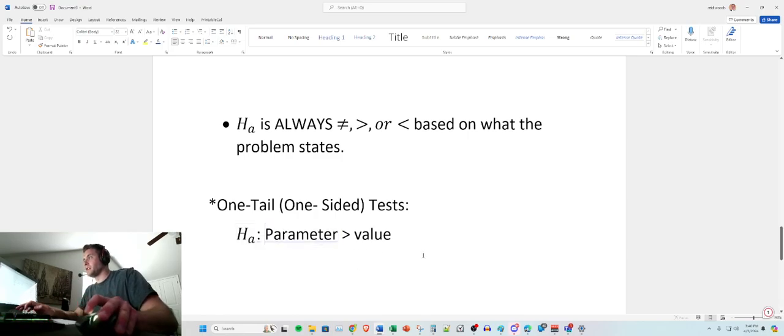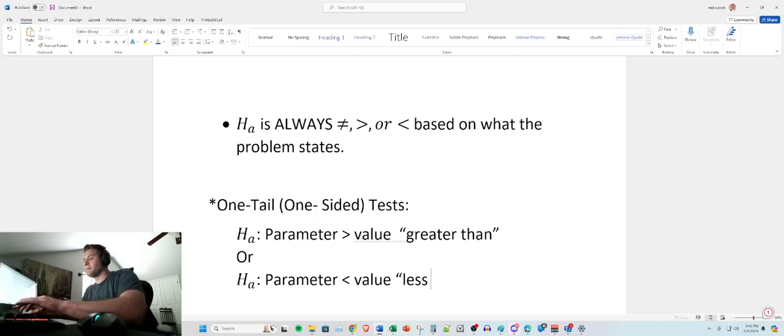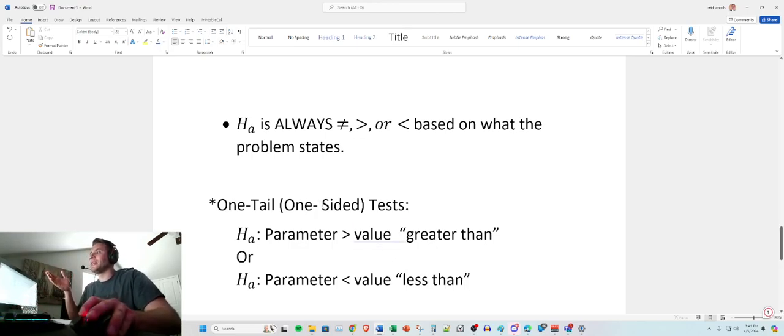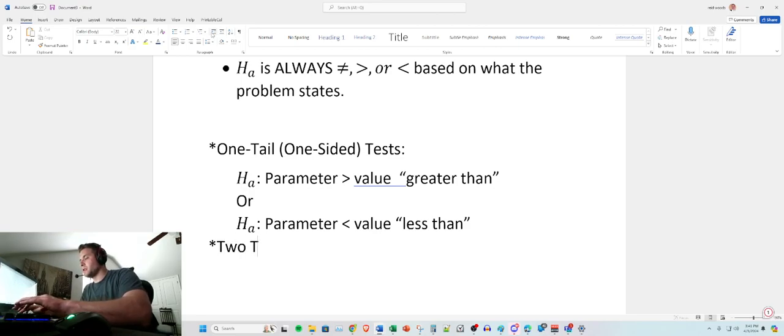Okay, so if the alternate is that the parameter is greater than a value, or the parameter is less than a value, anytime you see the words greater than or less than, that's how you know it's one-sided. We call that one tail, single tail. Okay, and then we have, go ahead and talk about the two-tailed tests.